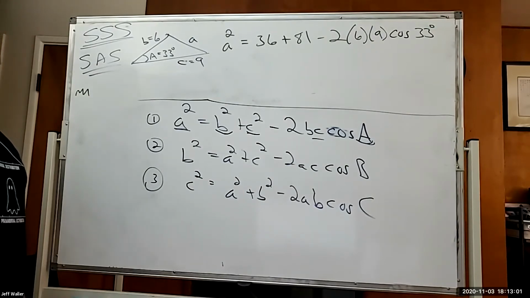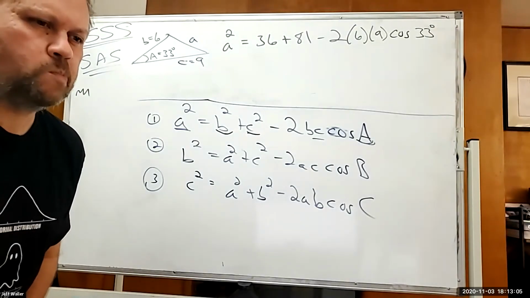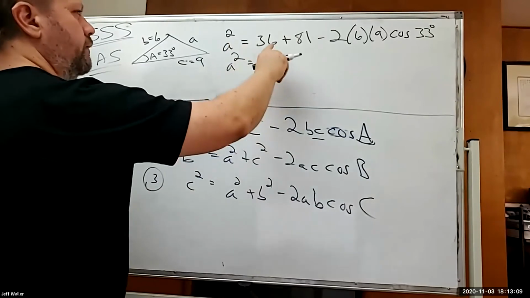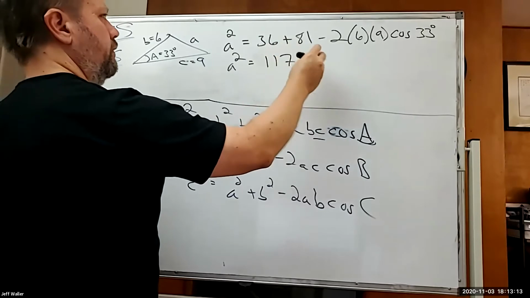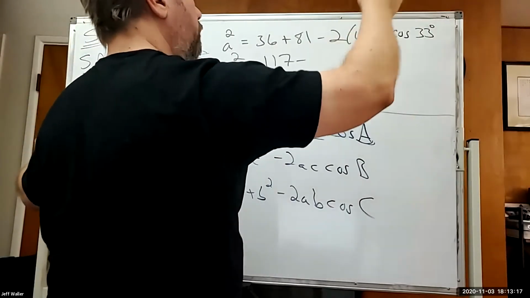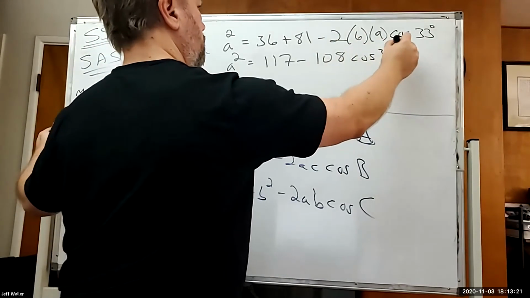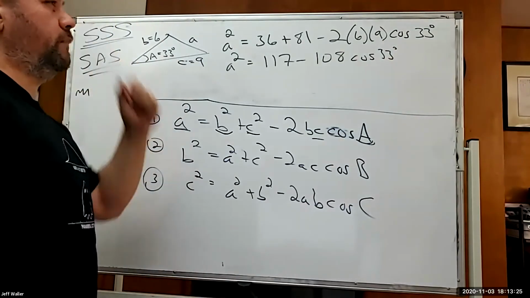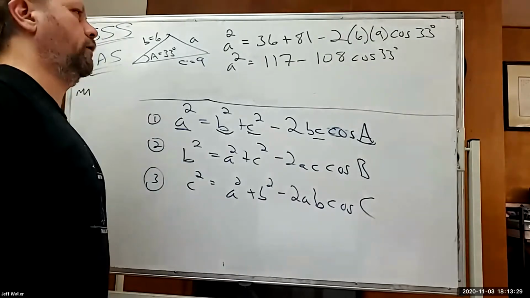This is where people do extraordinarily silly things. This is where I'll have people do stuff like this. They'll get 117 there, right? 117, I think, minus 108, is that what that is? Yes, okay.